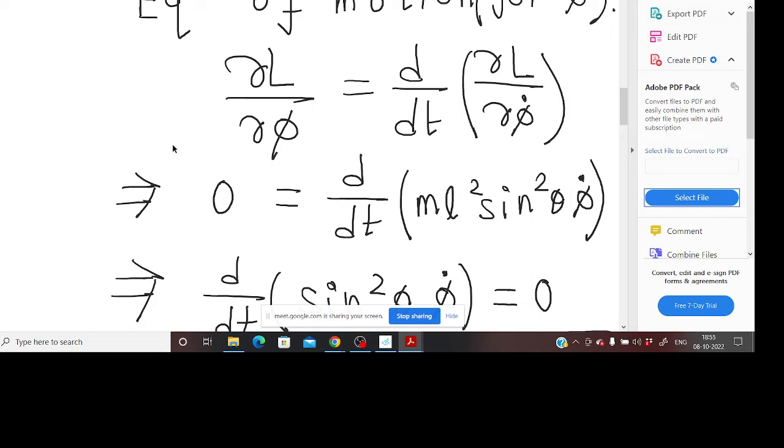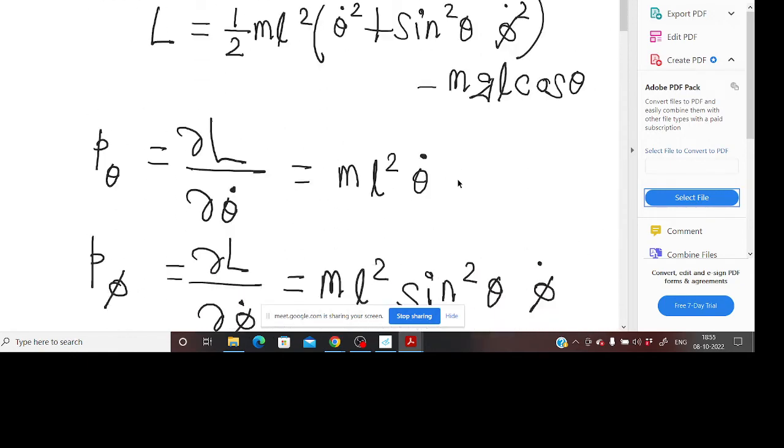This is equal to p phi, right? And p phi is the generalized momentum corresponding to the coordinate phi. So d dt of p phi is 0 because on the left hand side del L del phi is 0, and so this means p phi is a conserved quantity.